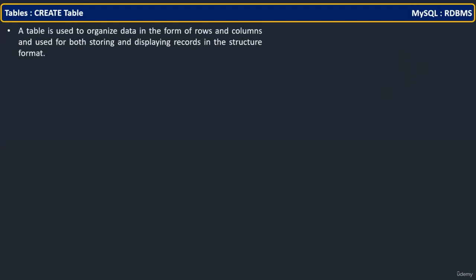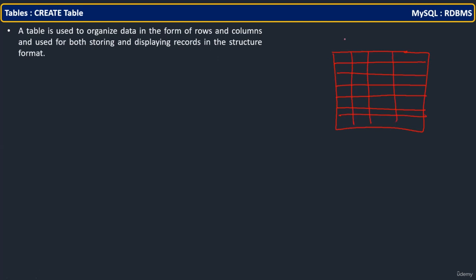Okay. So what is the meaning of the table? It is very simple. A table is used to organize the data in the form of rows and columns, and we use it for both storing and displaying the records in a structured format. So you can see a table is like a spreadsheet. We are going to have a set of rows and a set of columns.